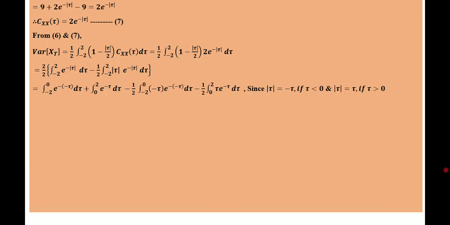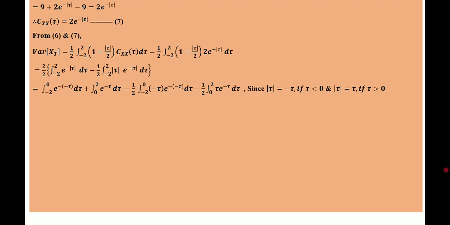So we are splitting the integral, minus 2 to 0 e power minus tau of minus tau plus 0 to 2 e power minus tau d tau, because modulus tau value, so when modulus tau is equal to minus tau, tau is less than 0, so limit is less than 0, minus 2 to 0. If modulus tau equal to tau, tau is greater than 0, so limit is positive, that is why 0 to 2. We are splitting the integral according to that.